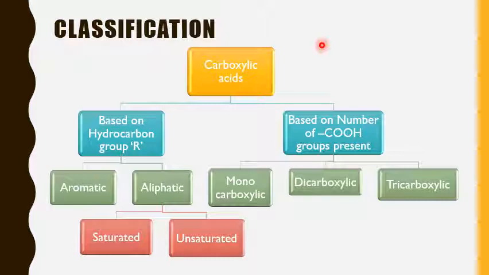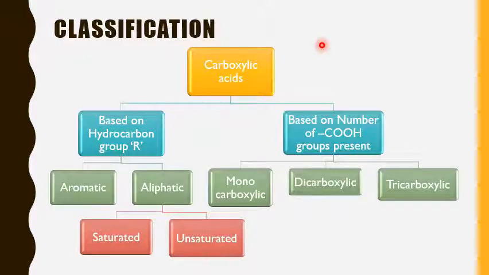And how does this COOH give the classification? Does it mean that COOH should be only one in the molecule? No, it is not that rule. It is based on the number of COOH groups present in the molecule, attached to the carbon of the hydrocarbon.